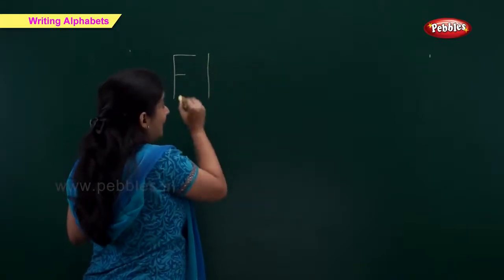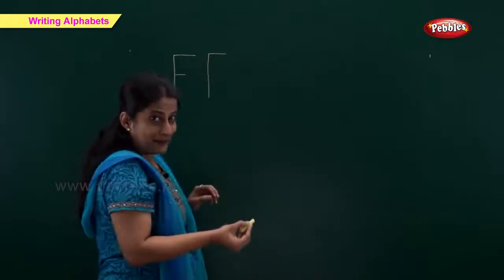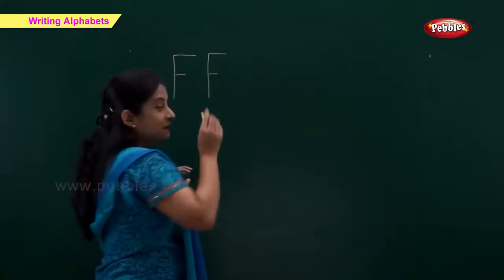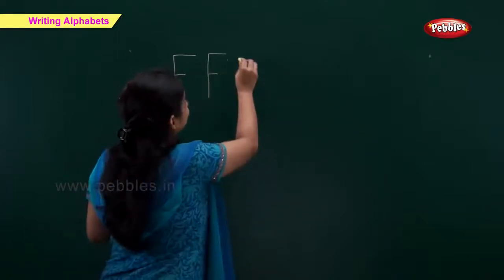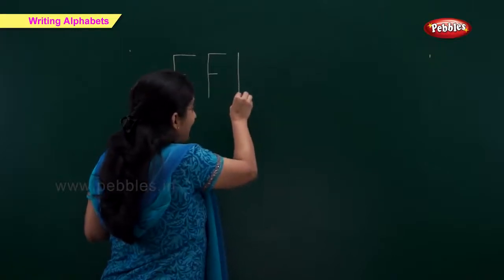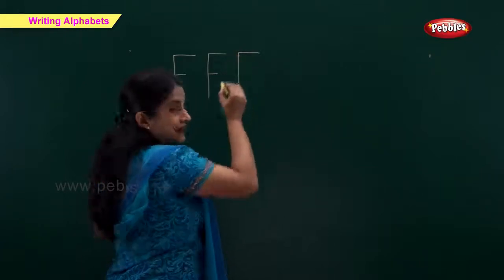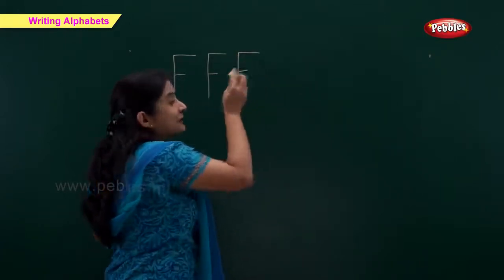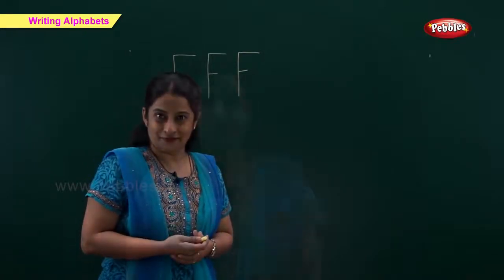One standing line, one big sleeping line, one small sleeping line makes F. One standing line, one big sleeping line, one small sleeping line makes alphabet F.